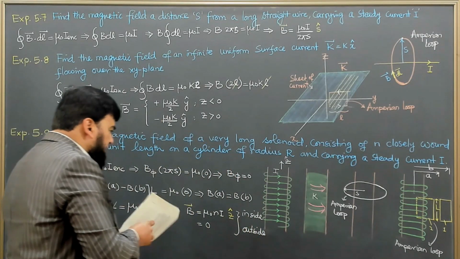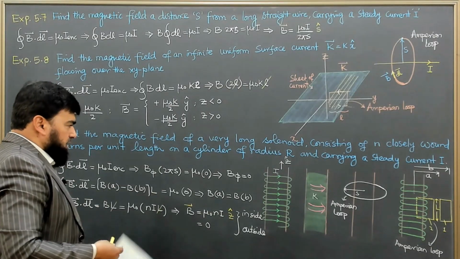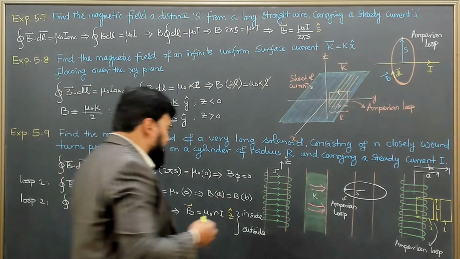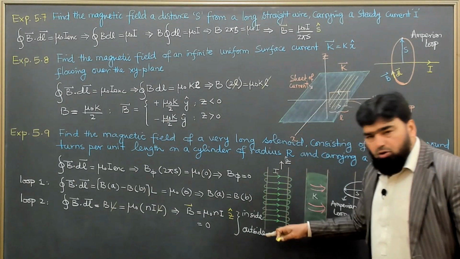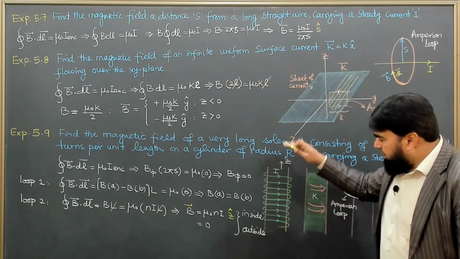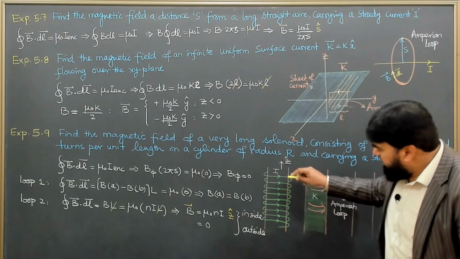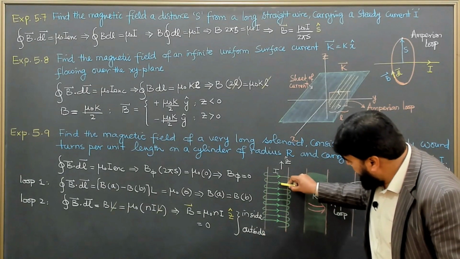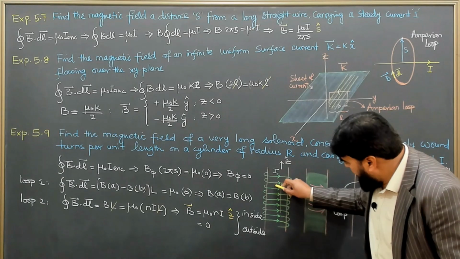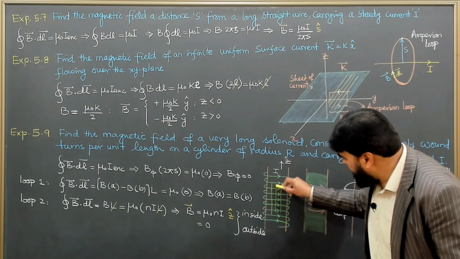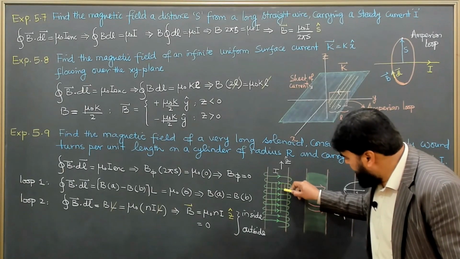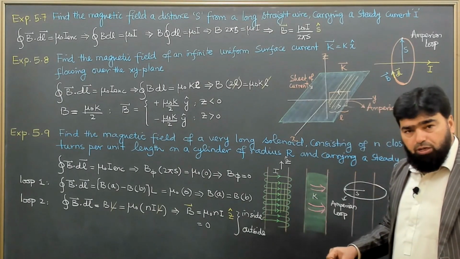So the magnetic field is the magnetic field inside here. If we consider an infinitely long cylinder or solenoid, then the magnetic field lines will be exactly parallel to each other, and we will have a very uniform magnetic field inside.